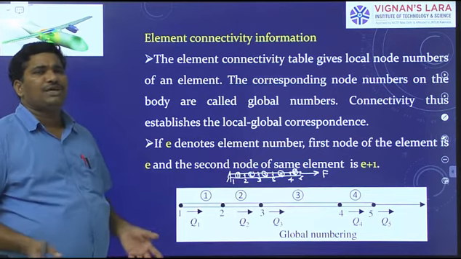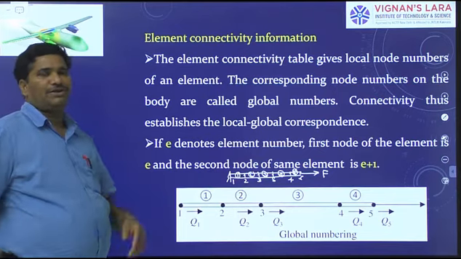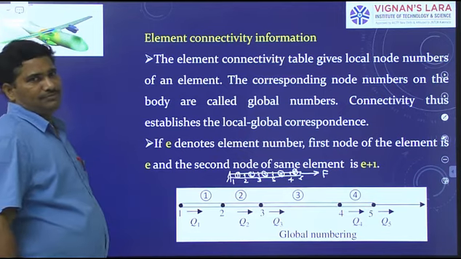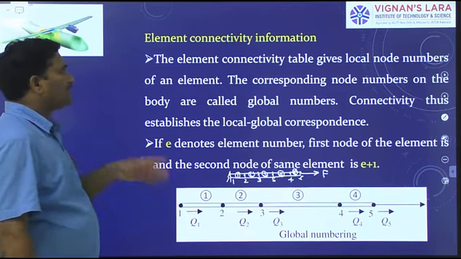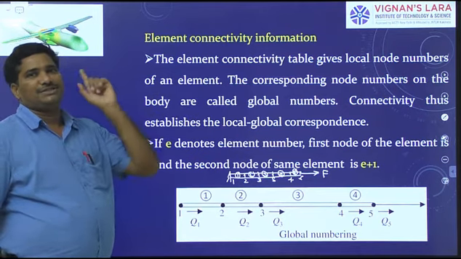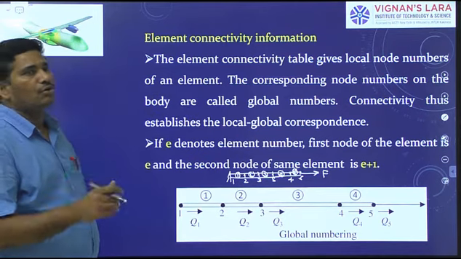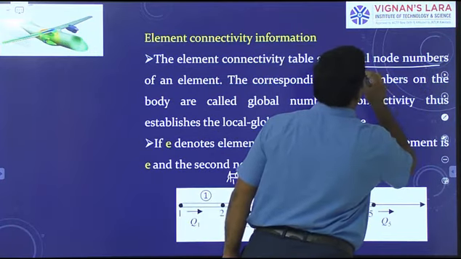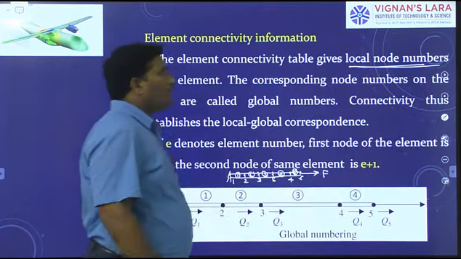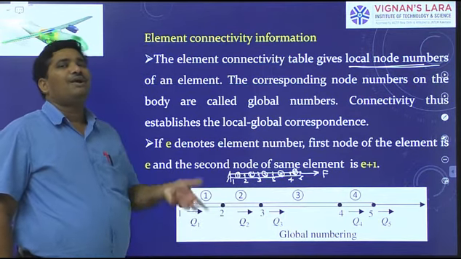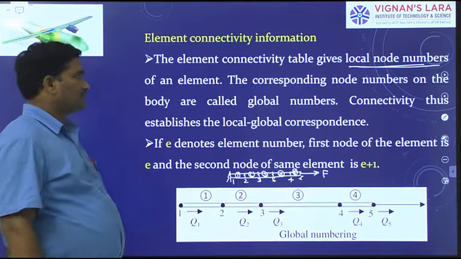All this information is given by a table, what is called the element connectivity table. This element connectivity table gives node numbers of the elements. We say local node numbers.